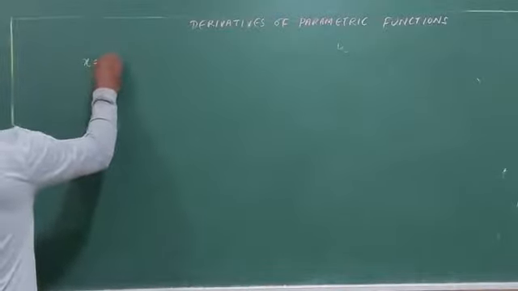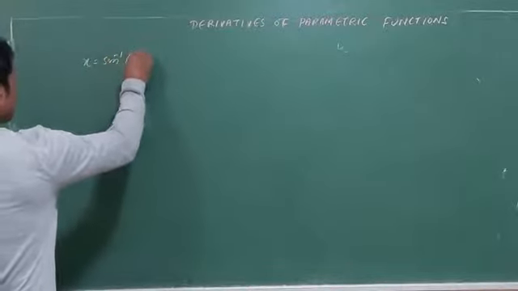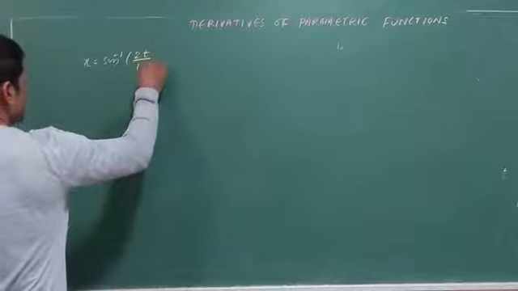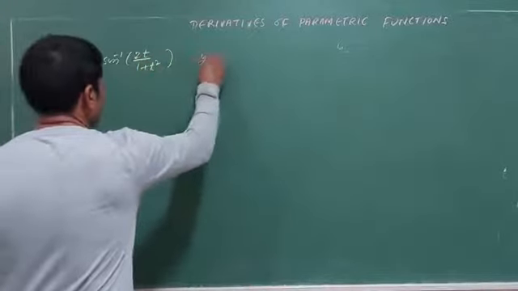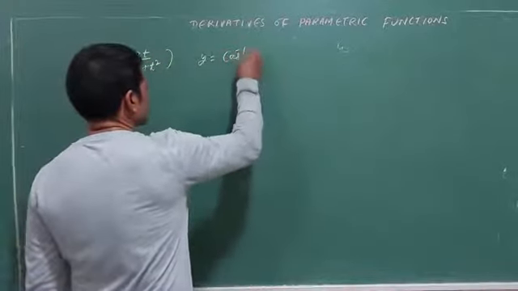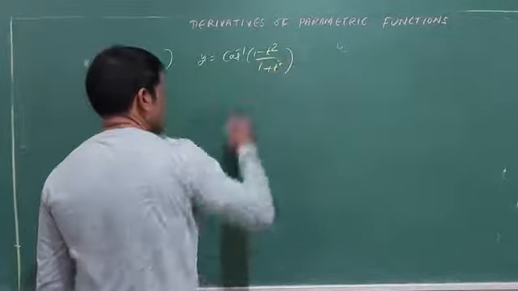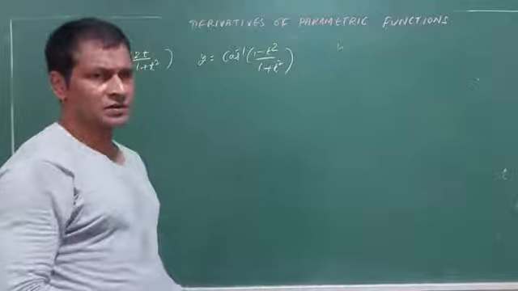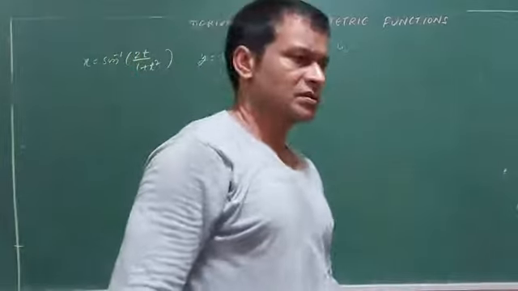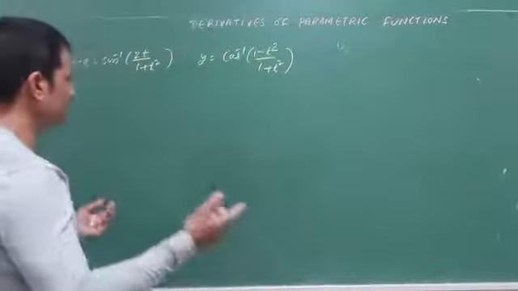x is equal to sin inverse of 2t by 1 plus t square, y is equal to cos inverse of 1 minus t square by 1 plus t square. One day I gave you some inverse trigonometric functions with conditions. Suppose no condition is given here, then what will you write?